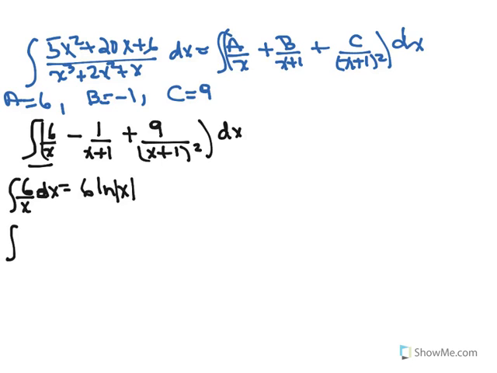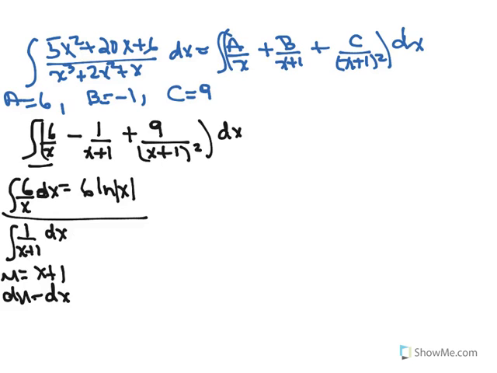The integral of 1 divided by x plus 1 dx, right? All you need to do is make u equal x plus 1. Du is dx, and your integral becomes du divided by u, which is ln of u. And of course, since it's ln of u, it will be ln of x plus 1.